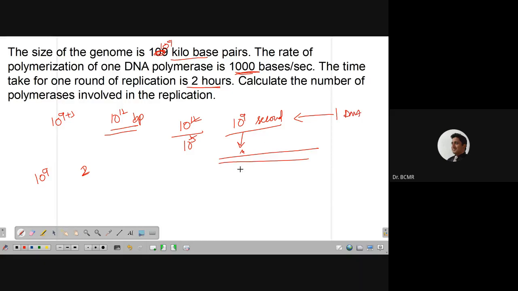If you had 60 into 60 into 2, 2 hours, how many DNA polymerases are required? That's the question for you. If it is one DNA polymerase, it would take this much time. If it has to be finished in 2 hours, how many DNA polymerases are required? Obviously, it will be a larger number of DNA polymerases. You are supposed to do the calculation on that.